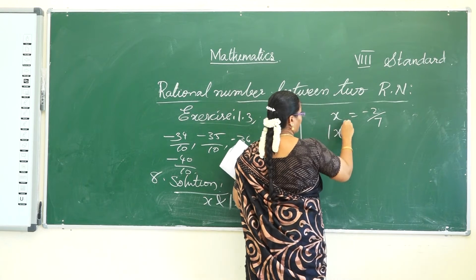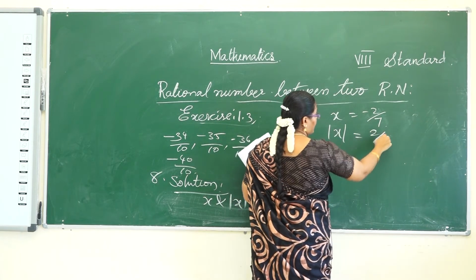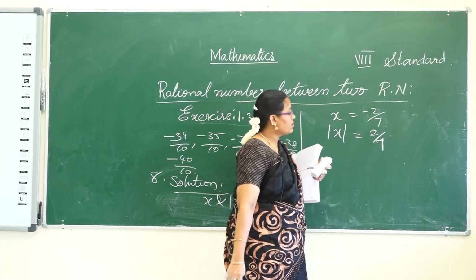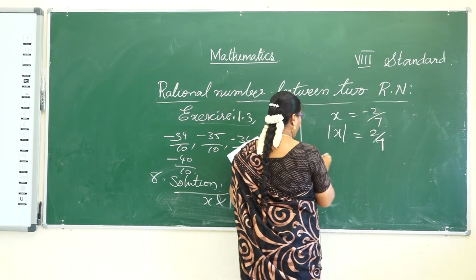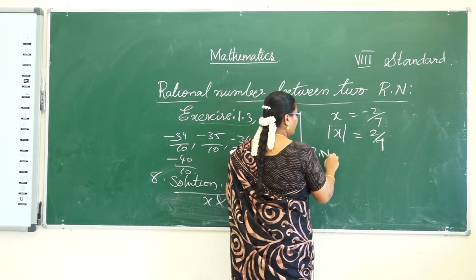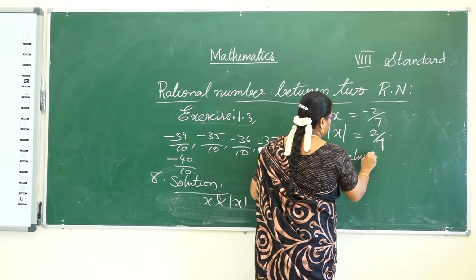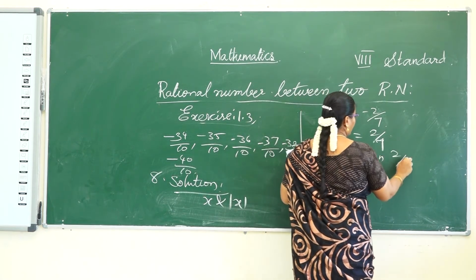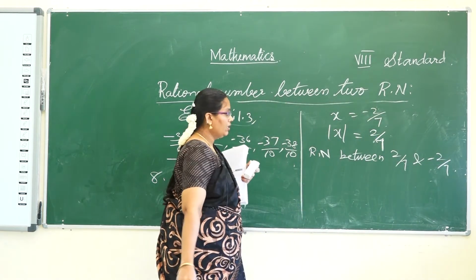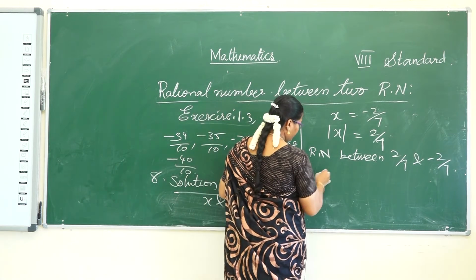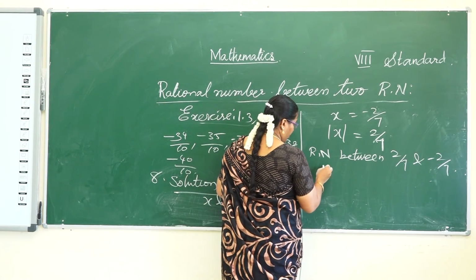Modulus of x means we write it as a positive value. So find the rational numbers between 2 by 7 and minus 2 by 7. So what are the numbers?